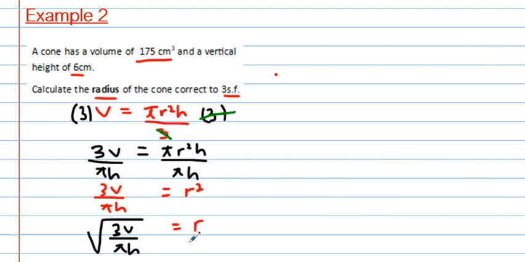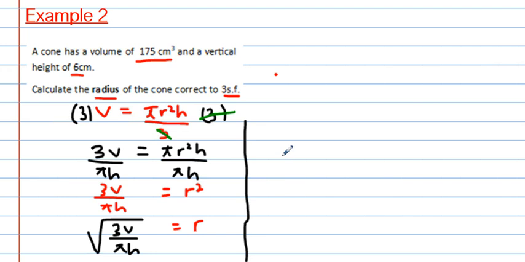Okay, now I have my formula for finding the radius. Now I'm just going to do the substitution. Okay, so if I draw a line there, just go to a freehand drawing of a line.